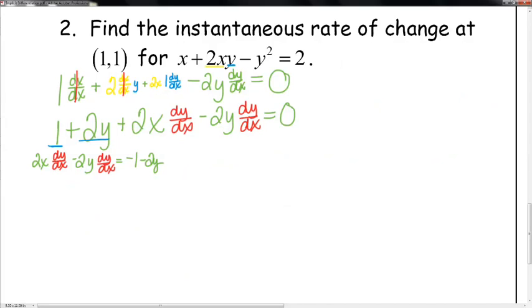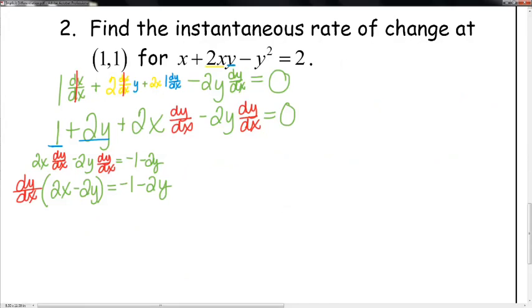And so now I'm going to factor out that dy/dx. So dy/dx times (2x minus 2y) is equal to negative 1 minus 2y.